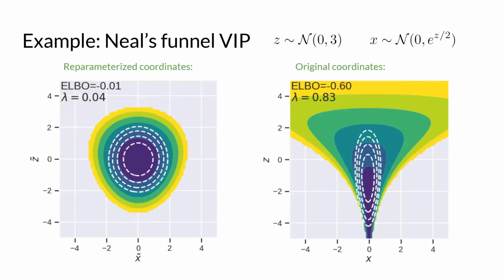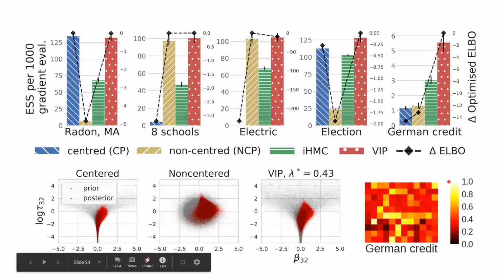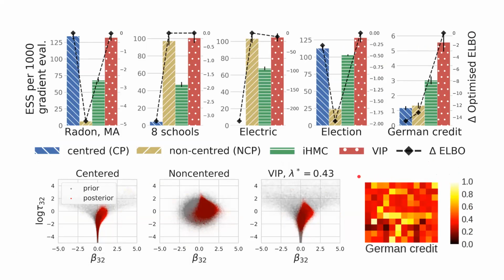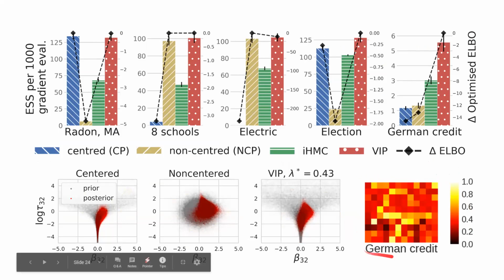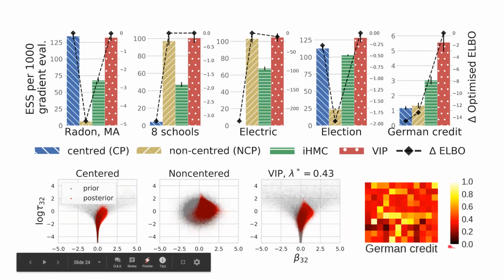It could be. And so actually, let me maybe show this. For some of the models that we looked at during evaluation of our approach, we actually plotted, so this German credit block here, each square says what the parameterization of some parameter in German credit was. The black ones are non-centered parameterization, the white ones are centered parameterization, and the rest are something in between.